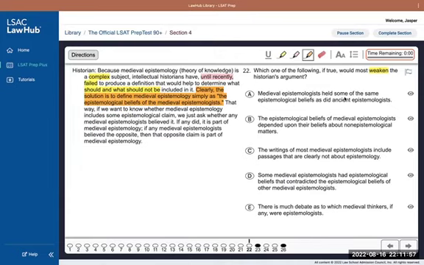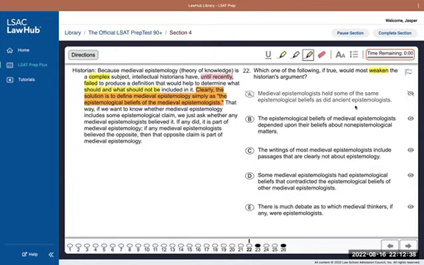So like maybe a belief could be included in the subject of medieval epistemology and also ancient epistemology. We don't have any reason to think that medieval epistemology would have to exclude ideas that are also present in epistemology of an earlier time period.